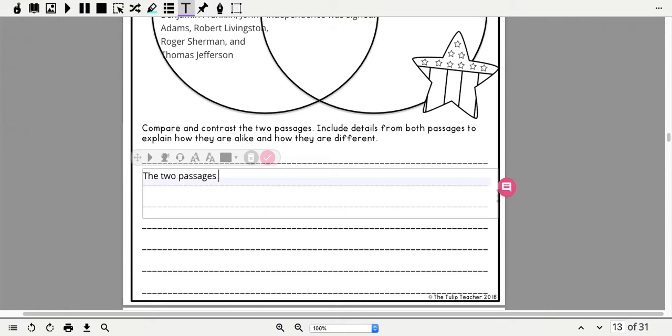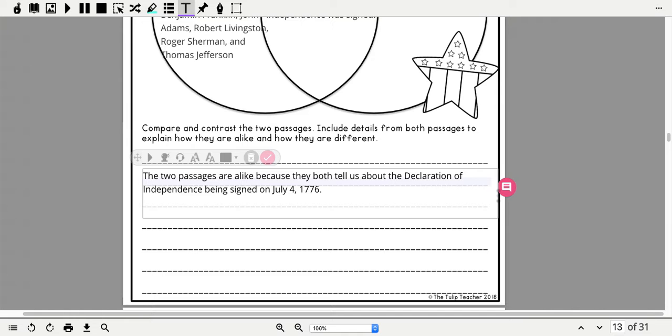The two passages are alike because they both tell us about the Declaration of Independence being signed on July 4th, 1776.